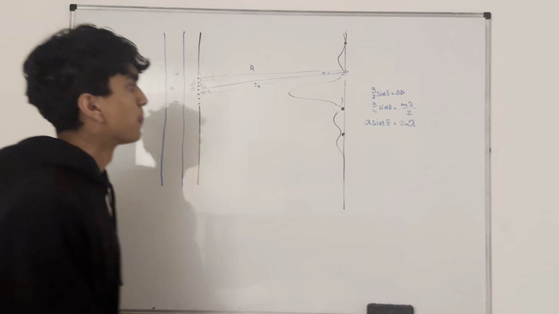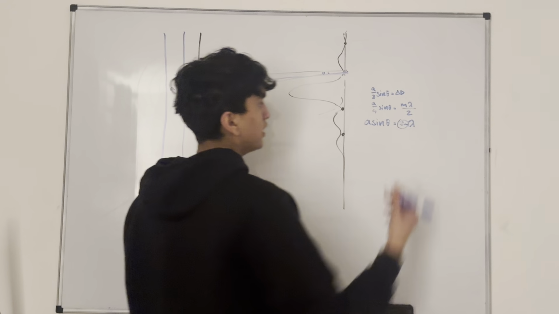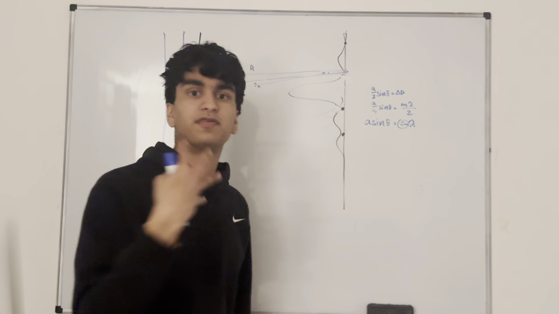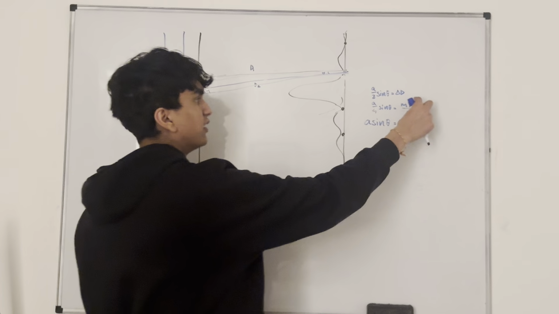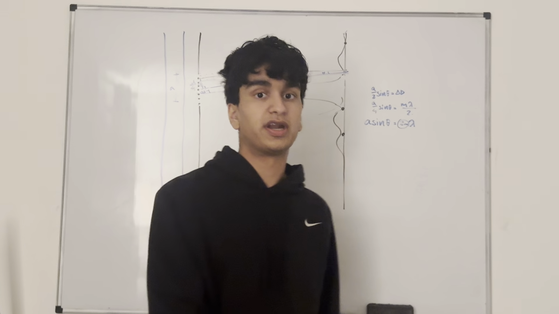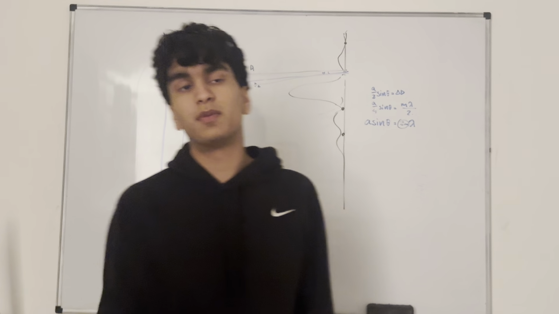So what this tells us is that m can be an odd number, because minimums occur with your 1, 3, 5, all your odd numbers. But when you take an odd number and multiply it by an even number, it'll also become even.